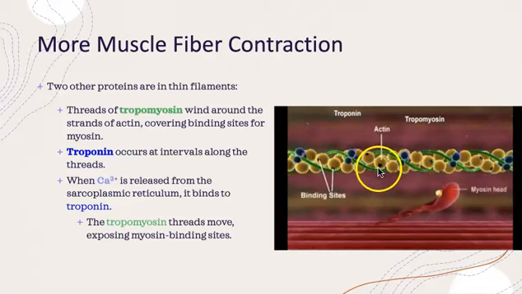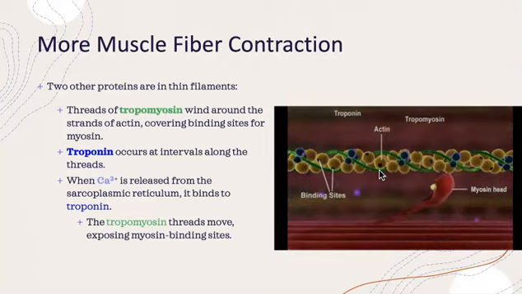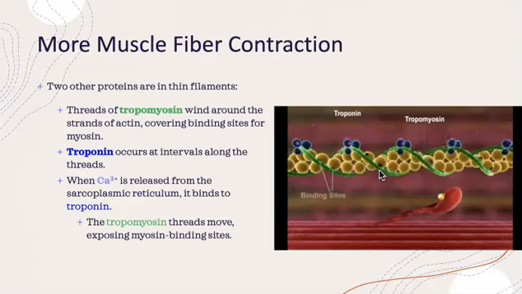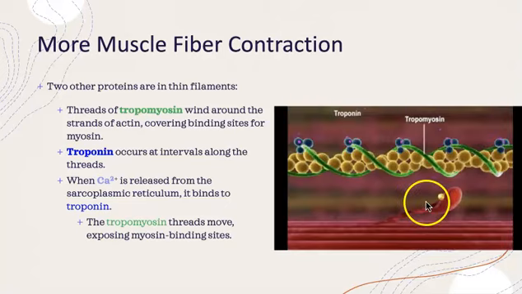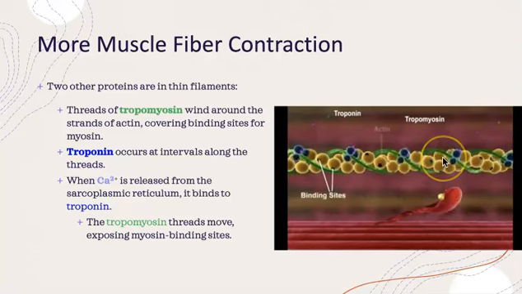Now we want that shifting to take place because when our muscle is at rest, we have these active sites that are covered up so that the myosin head cannot bind to actin and create a cross bridge.